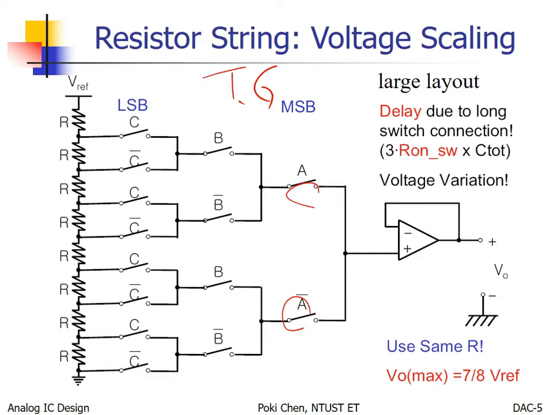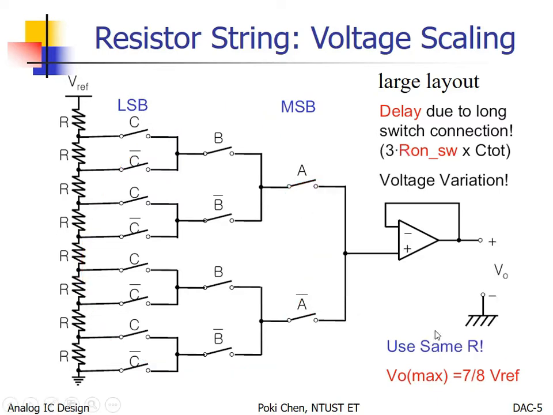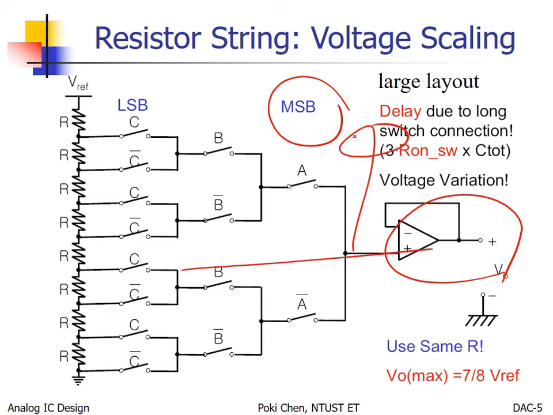Anyway, what is the operation principle for such a structure? Also very easy to understand. You can see from the MSB. MSB dominates 50% of the reference voltage. If it is 1, what does it mean? Your output should belong to the upper half, right?